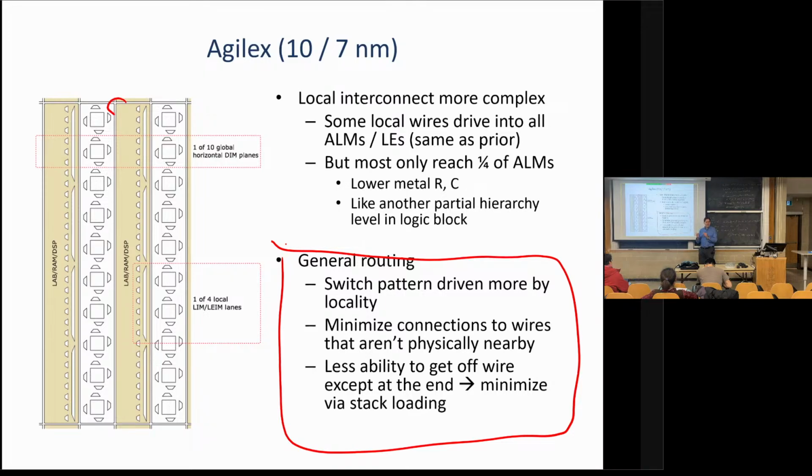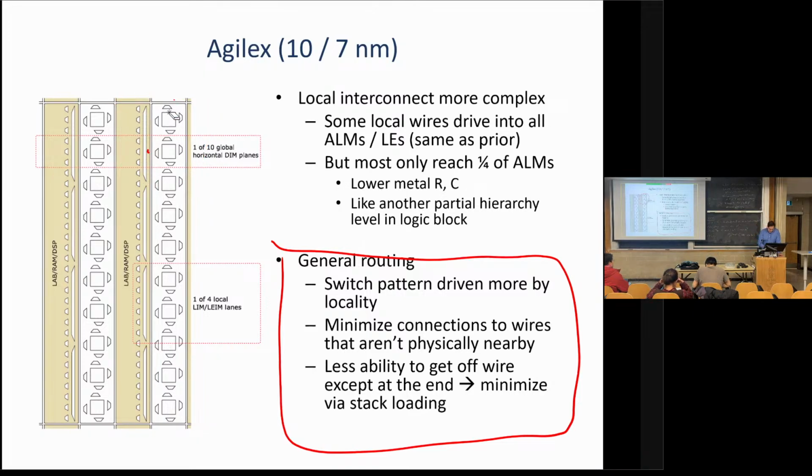Like there's a bunch of internal wiring that's implied by that, and you want that to be small. So Agilex focuses a lot on how can we make patterns that have reasonable routability while really keeping our connections inside those muxes local. And that's one of the things you're doing here, is you're basically saying, well, I've got some local wires that only span 2.5 ALMs. So those wires are short and the switches are local.